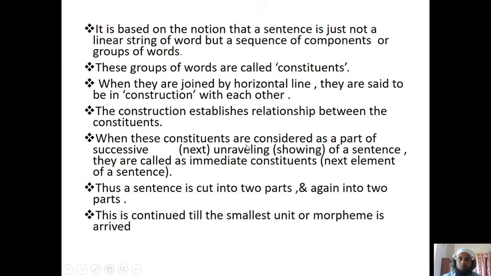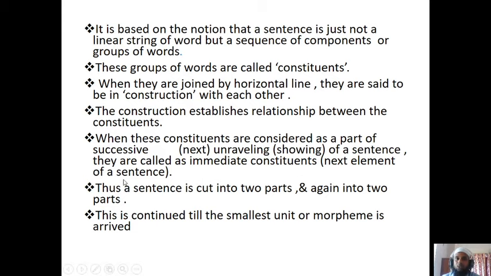The construction establishes a relationship between the constituents. So we understand the relationship between Paul and John, ran away, and also Paul, John, and ran away. When these constituents are considered as a part of the successive unraveling of a sentence, that is from one level to the next, and show us the relationship between them and between other constituents, they are called immediate constituents.